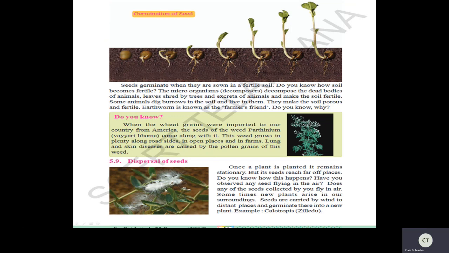So in English, we call it Calotropis. These have hair-like structures on their seeds. That is why they can fly in the air. Seeds are carried by wind to distant places and germinate there into a new plant. For example, Calotropis, that is Jilledu.